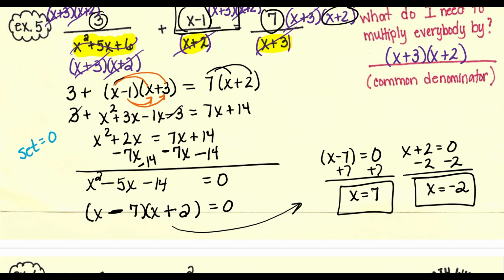Well, if you look at this right here, x is equal to negative 2. If I were to put a negative 2 right there, that means I would have negative 2 plus 2, and that would be a 0, making my equation undefined. So therefore, I need to throw that answer out, but I can keep that one right there.